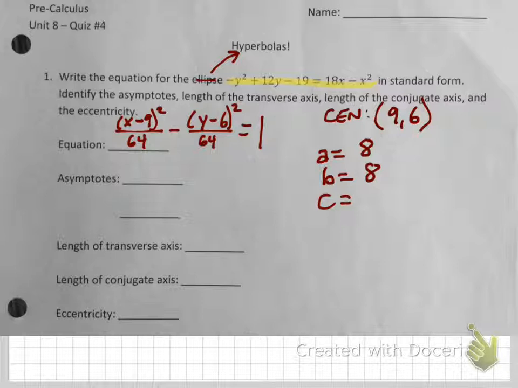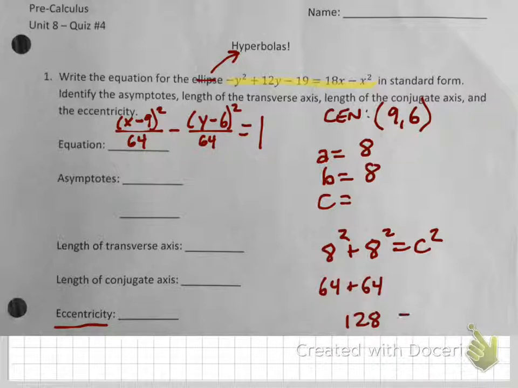So now if we wanted to find c, which we're going to need for our eccentricity, then we can use the Pythagorean theorem. So we have a squared plus b squared equals c squared. Okay, so 64 and 64, that makes 128.